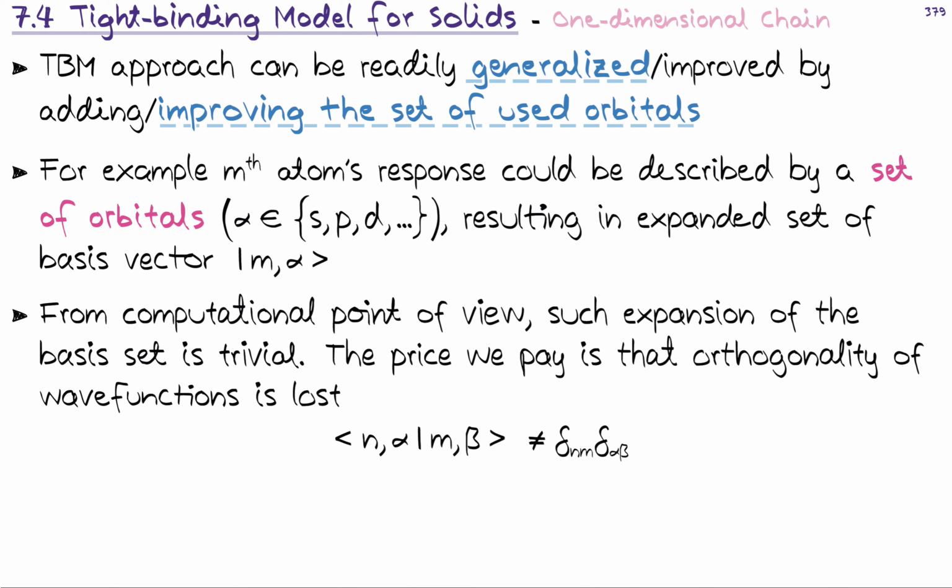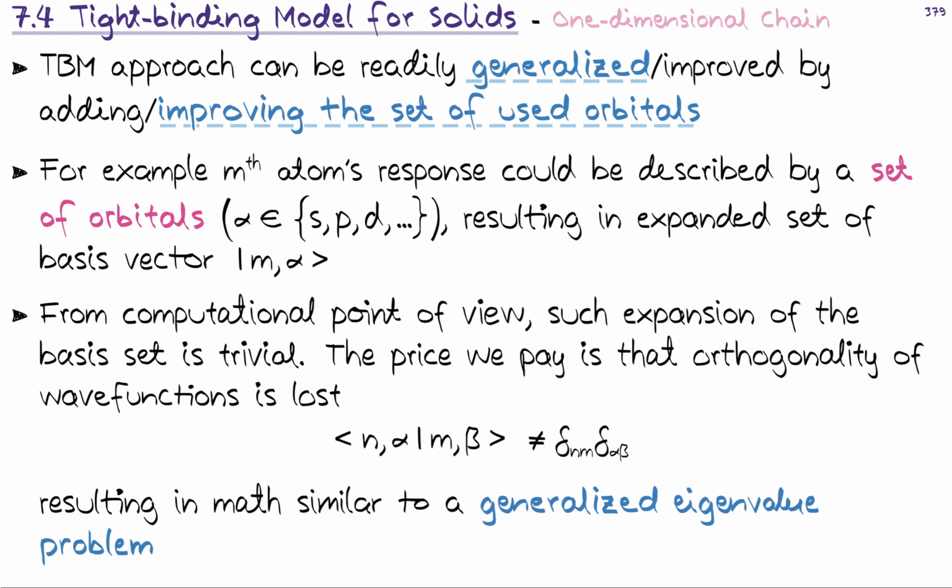That's what I'm thinking here myself. And then, of course, in the resulting math we wouldn't be able to get a nice eigenvalue problem most of the time, but it would look more similar to a generalized eigenvalue problem. But nevertheless, it will be a matrix equation with vectors and such. So it is perfectly solvable using linear algebra and computers and tools. So from that point of view, this is not that bad.